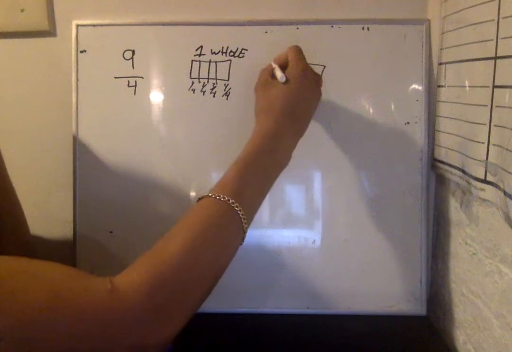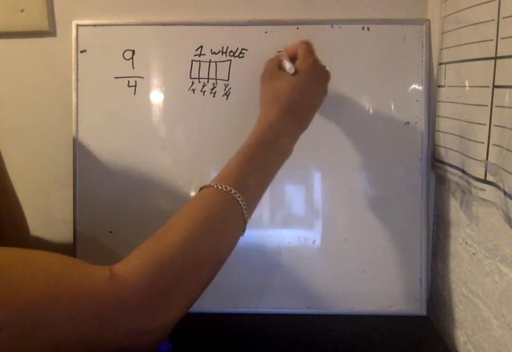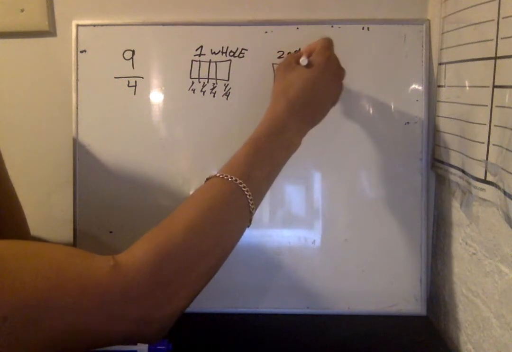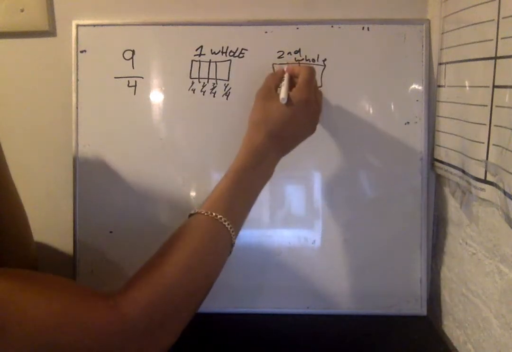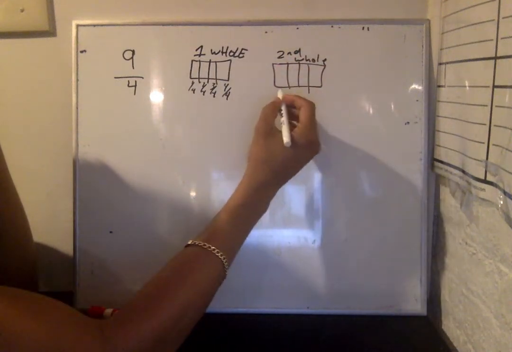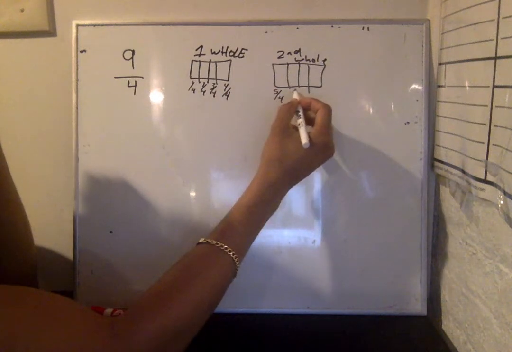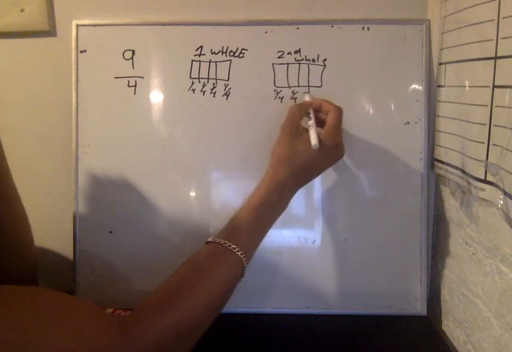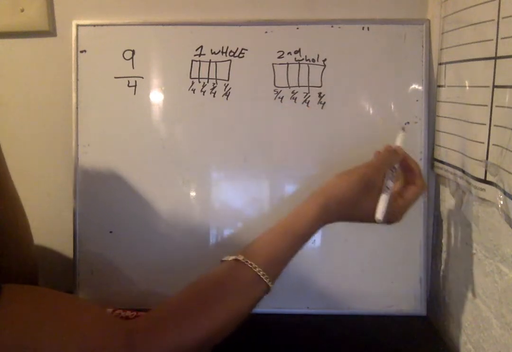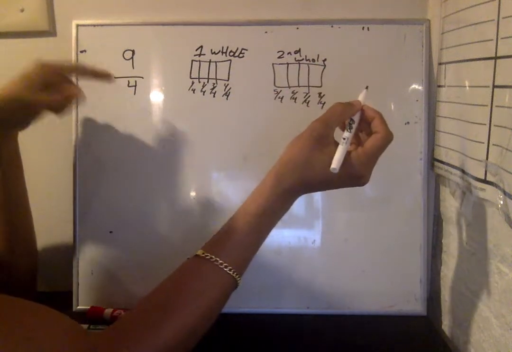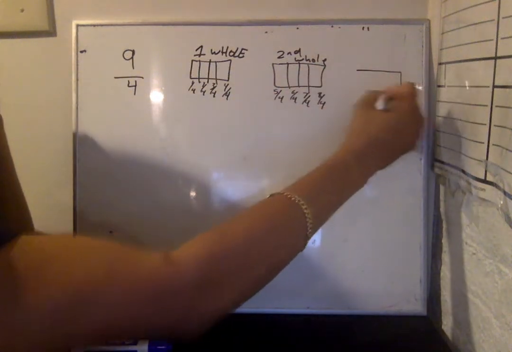I make another whole. So second whole. Now I need fourths again. If this was 4/4, this is 5/4, 6/4, 7/4, and 8/4. I'm not at 9/4 yet, so I need to make another whole.